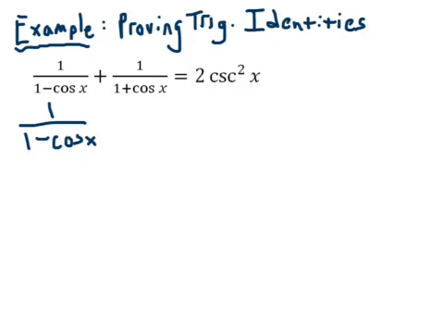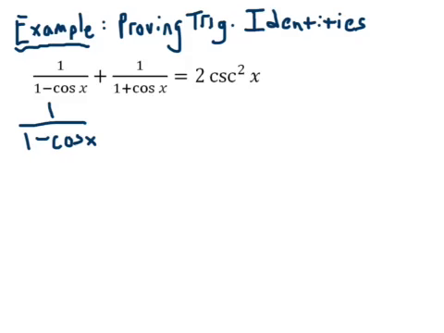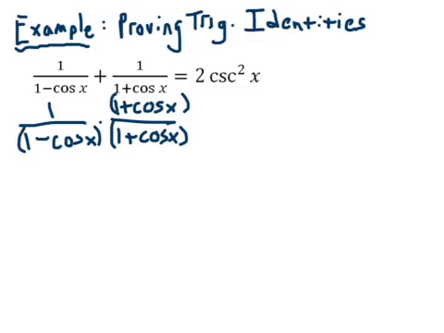So we're going to multiply top and bottom by the other denominator. In this case, we're going to have 1 plus cosine x all over 1 plus cosine x. Got to remember that these need to be grouped.